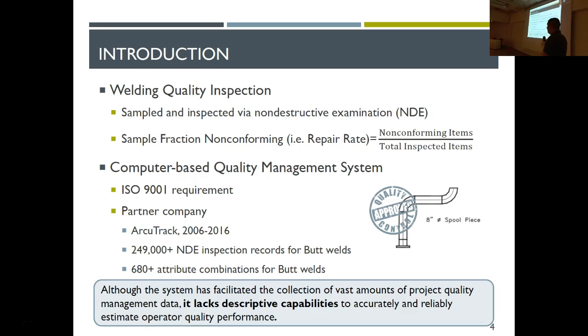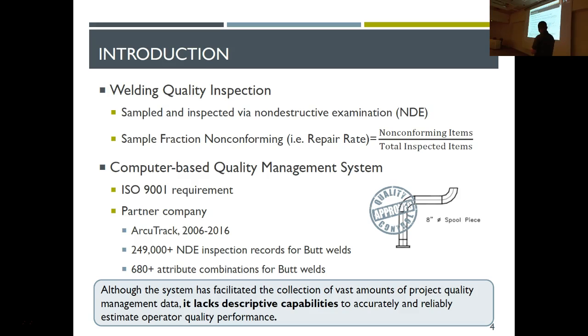So nowadays, companies are using computer-based quality management systems to do all those quality control processes because it's required by ISO 9001. And in our research, we are collaborating with multiple companies. Now I will just describe the problem from one company.